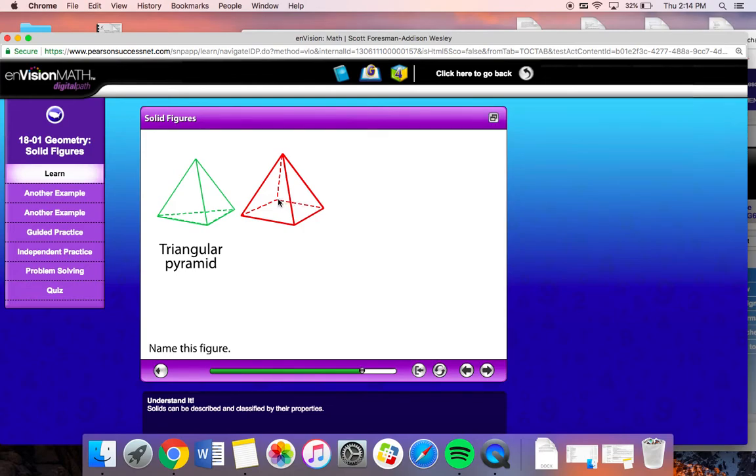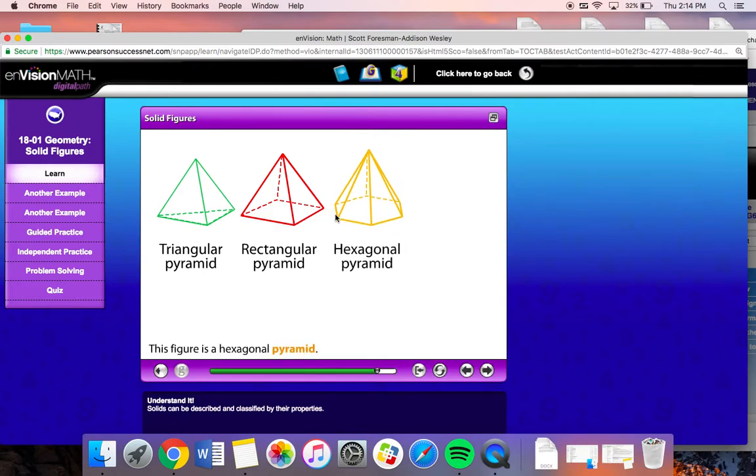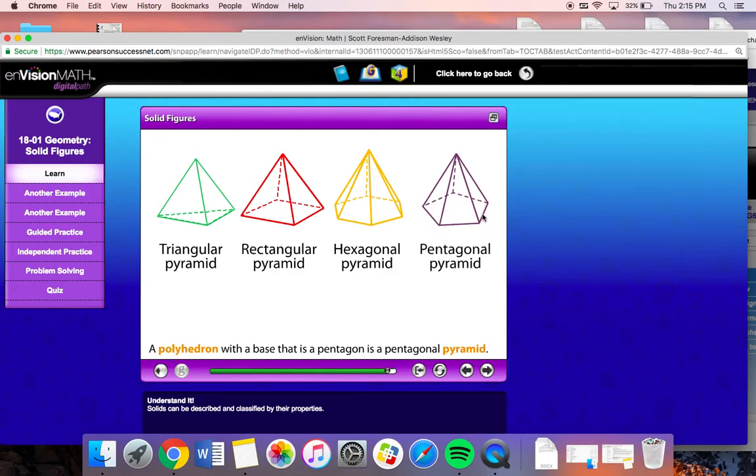So whenever it looks like a square, it's also just safe to call it a rectangle because a square is a type of rectangle. So we can call this a rectangular pyramid. And this is a hexagonal pyramid because this has 6 sides as the base. And this is called a pentagonal pyramid because it has 5 sides as the base.